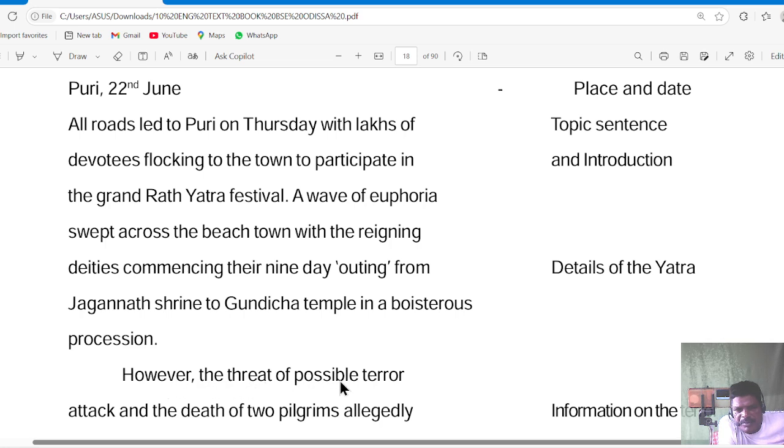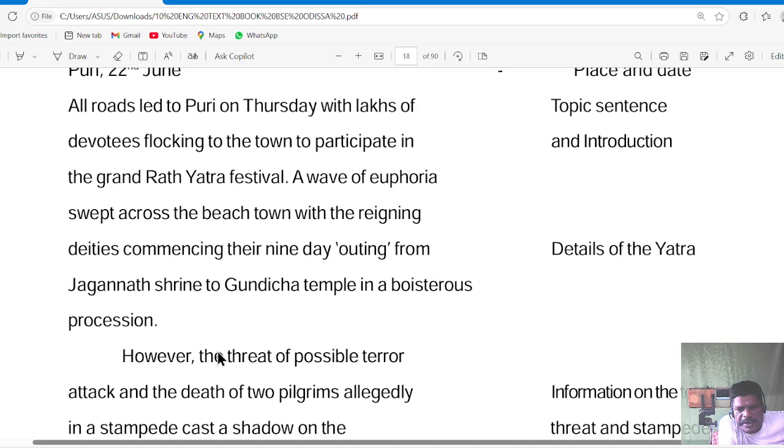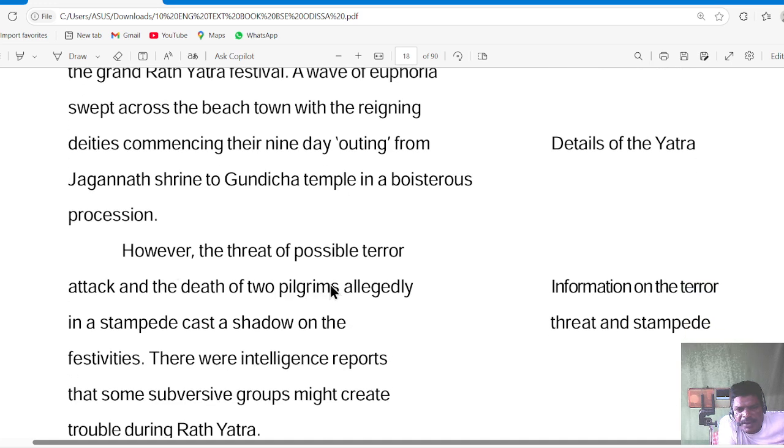However, the threat of a possible terror attack and the death of two pilgrims cast a shadow on the festival.